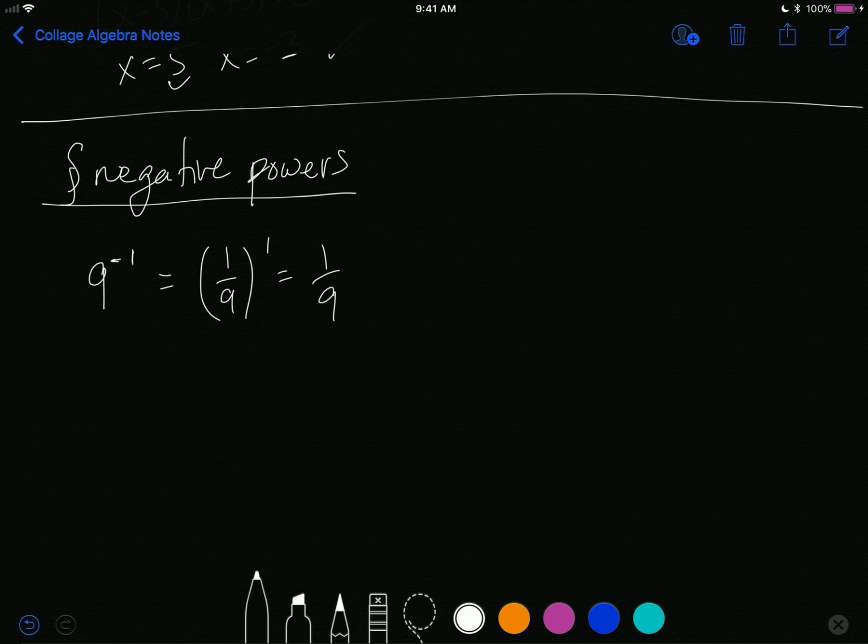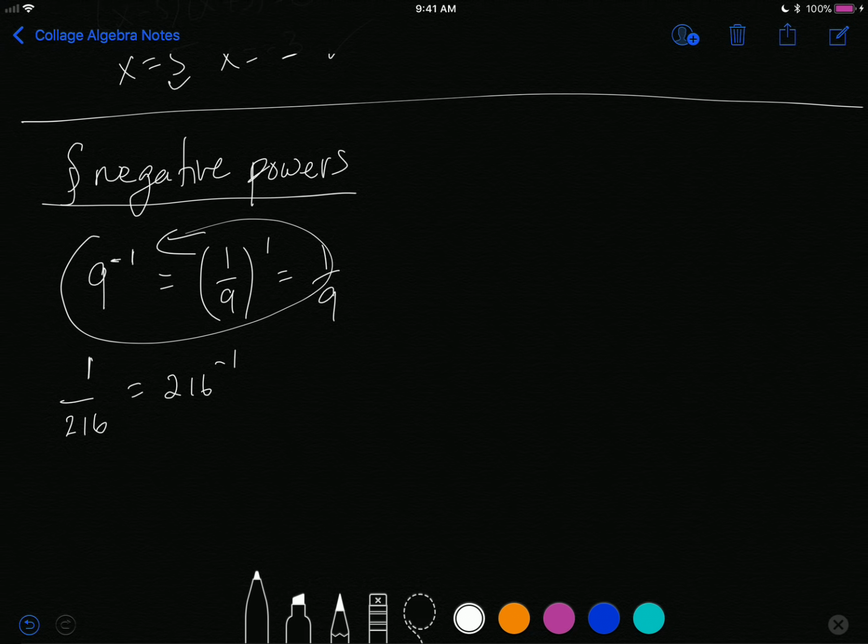Similarly, if I have a fraction, I can rewrite that fraction with a negative power. See what I did? I did this in reverse, down here. So when I have a fraction, I can write it with a negative power.